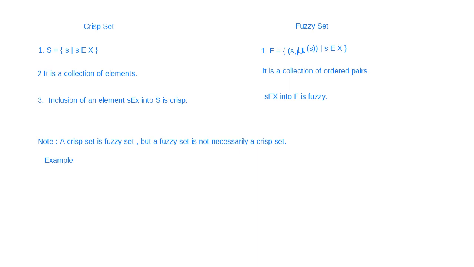So this is a crisp set. H is the crisp set, you can see, where the membership function is 1.